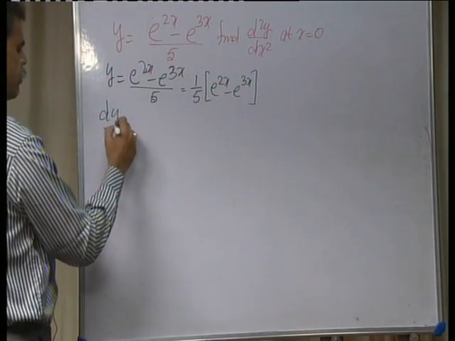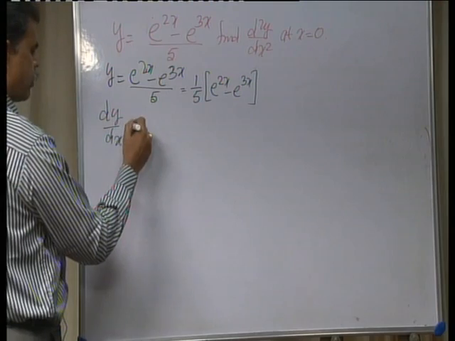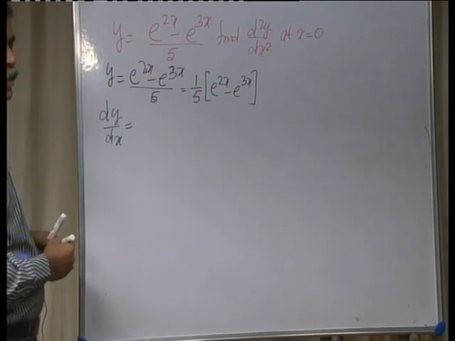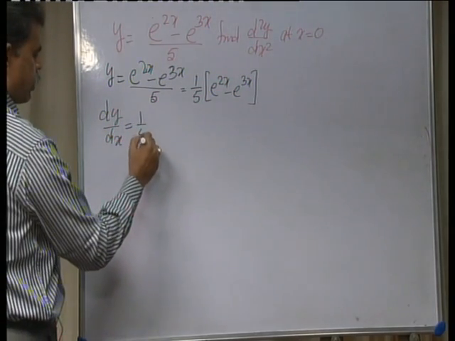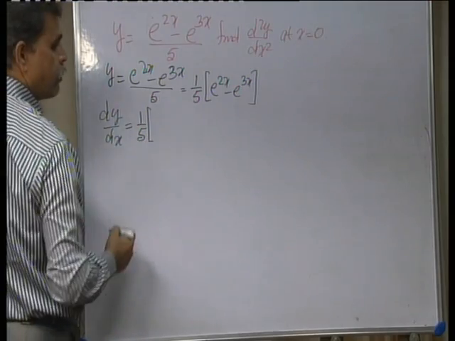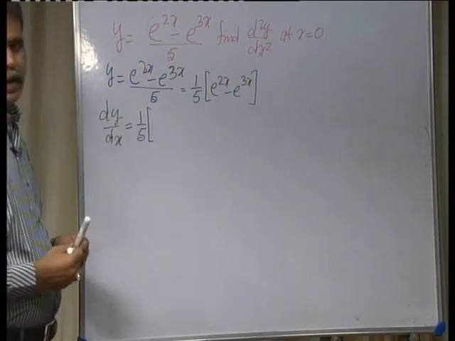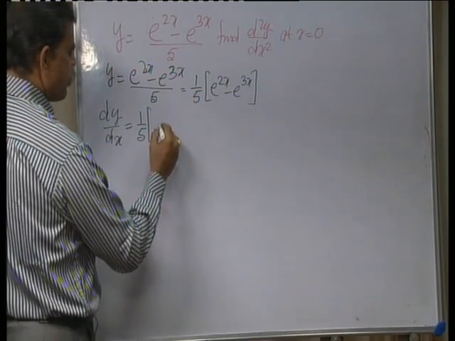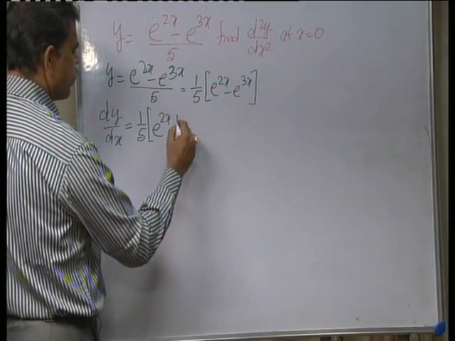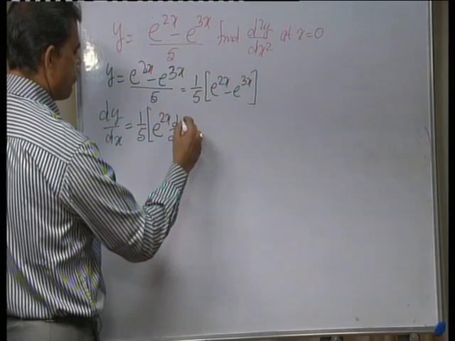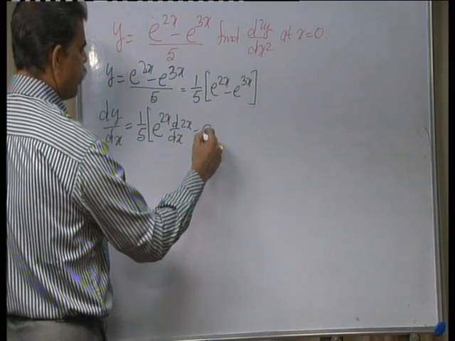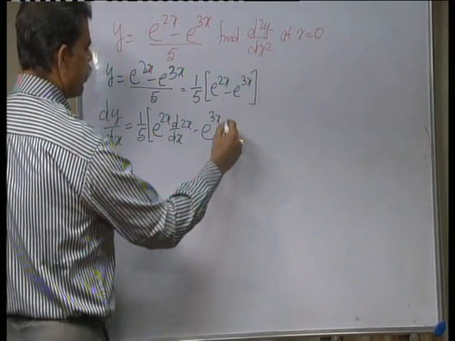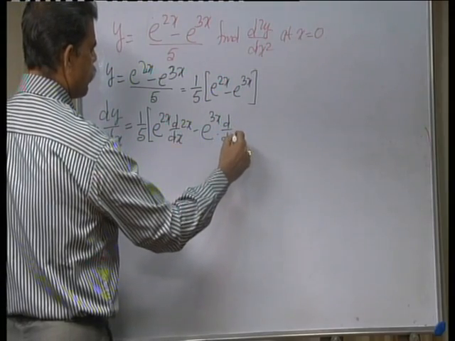Hence, by differentiating this we get dy by dx, keeping the constant as it is. Differentiation of e to the power of 2x is e to the power of 2x into d by dx of 2x, minus again e to the power of function into d by dx of function.